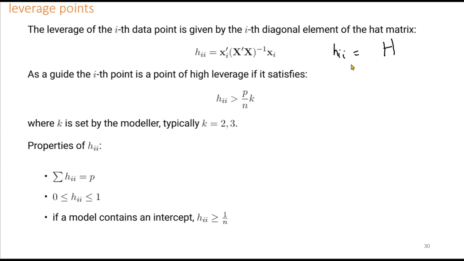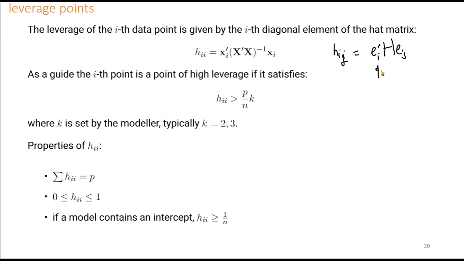Now, in general, guys, if you wanted the ith row and the jth column of a matrix, what do you do? You pre-multiply and post-multiply by some special vectors.